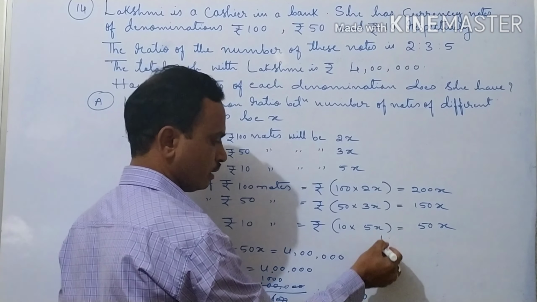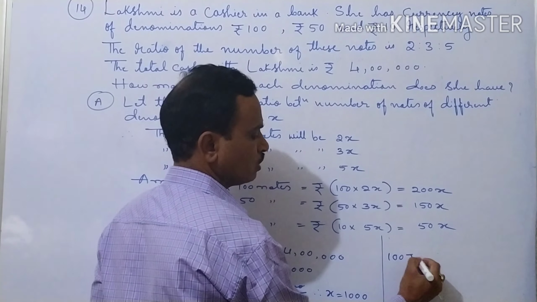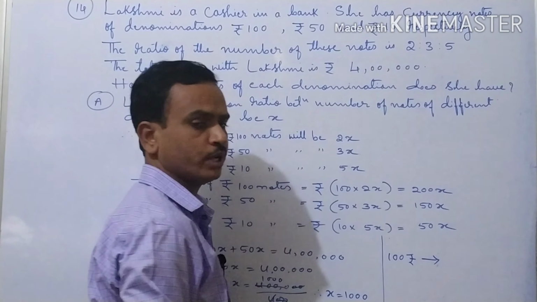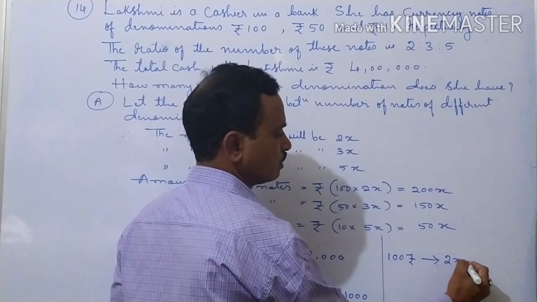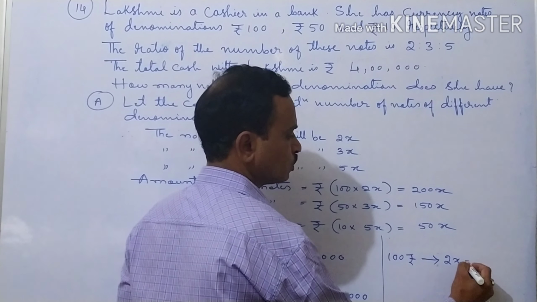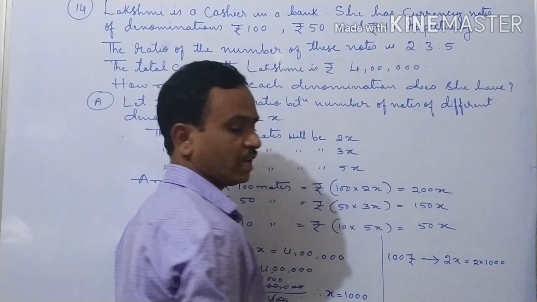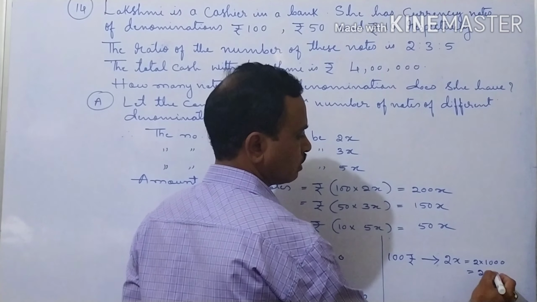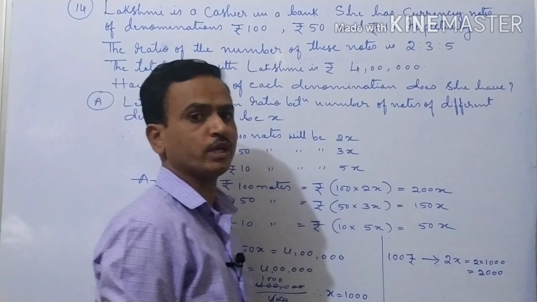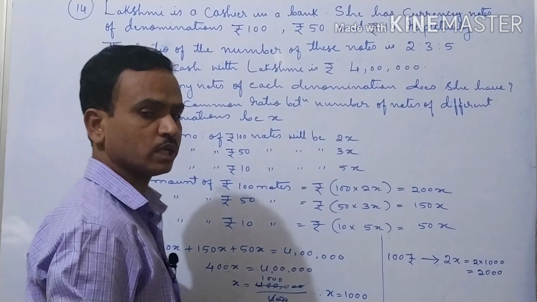So 2 into x is equal to 2 into 1000, because we got the x value as 1000. 2 into 1000 is 2000. That means there are 2000 notes of 100 rupees.